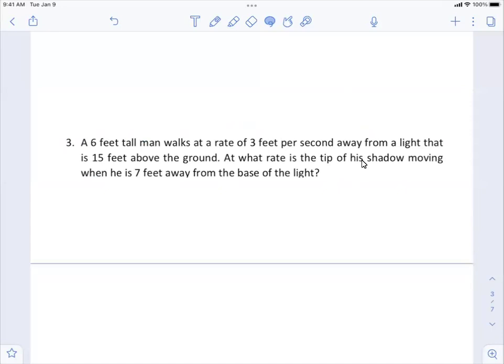At what rate is the tip of his shadow moving when he's 7 feet away from the base of the light? Now, in this kind of scenario, you need to draw a picture, first of all, to identify what's going on.